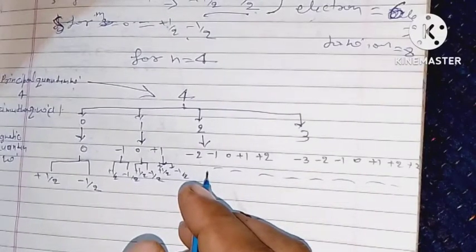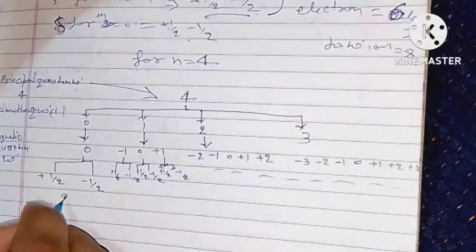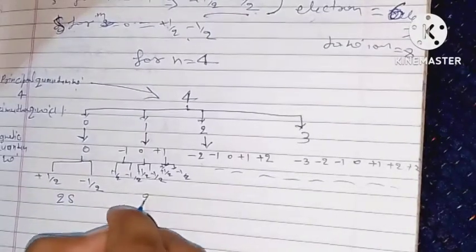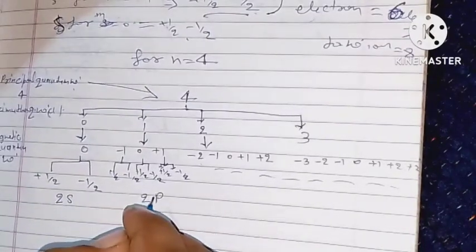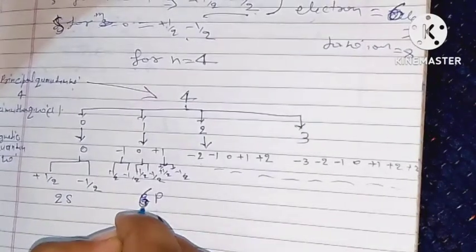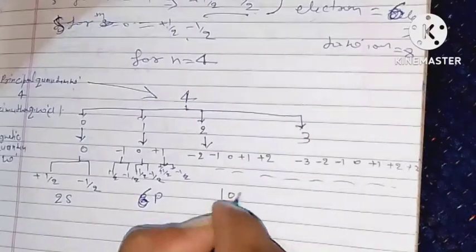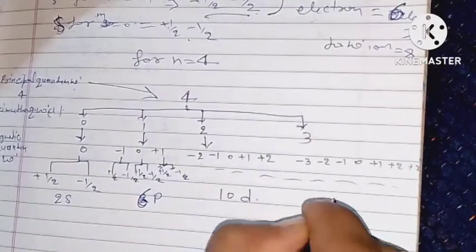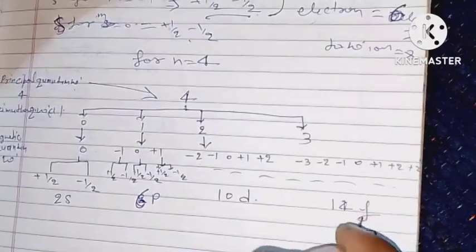Then the electron counts are 2s, 6p, 10d, and 14f.